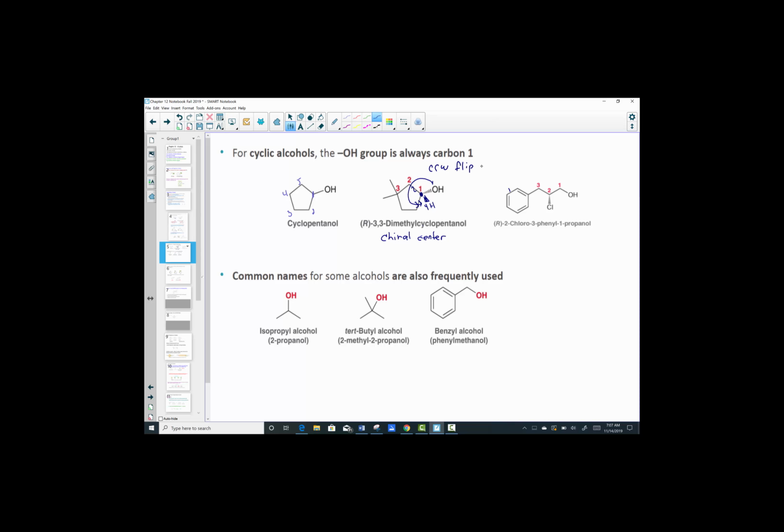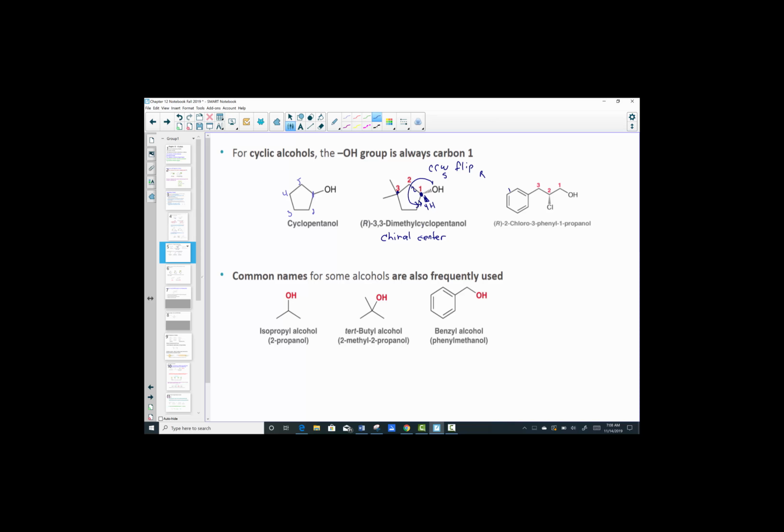but we know to flip that, making it from an S to an R configuration, and we flip that direction because the highest priority is behind the page and the lowest priority hydrogen is coming out at us as a wedge, so we just flip the direction to find an R configuration. And notice, since there's only one chiral carbon, we only need to have one designation, and that would be the R configuration.